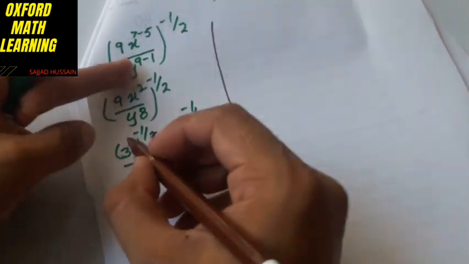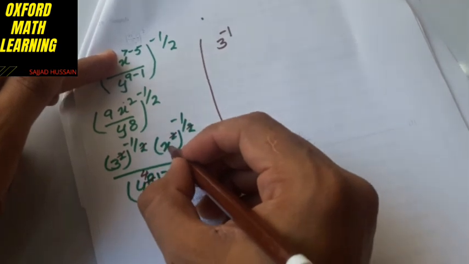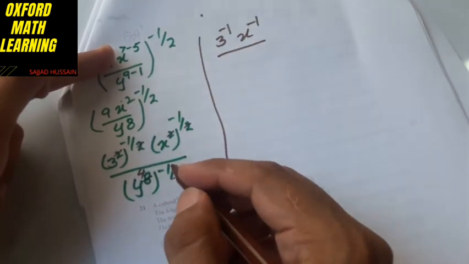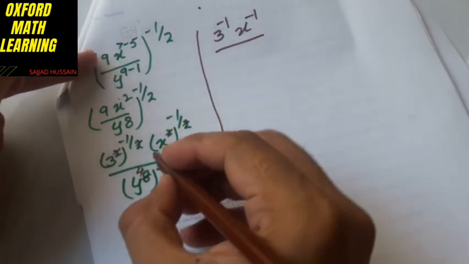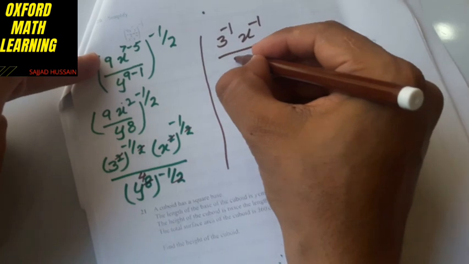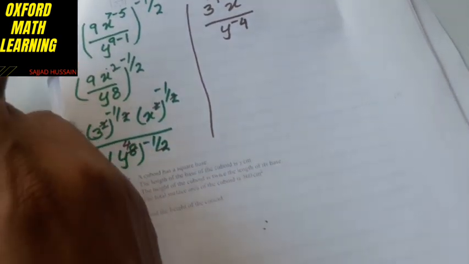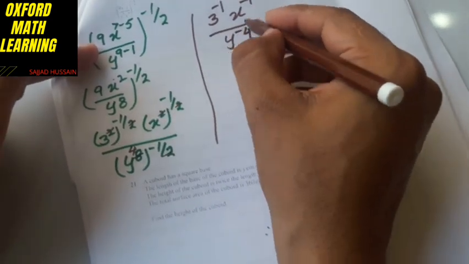So here will be 3 to the power negative 1, x to the power negative 1, and y is 4 into negative 1, negative 4. Y is negative 4. Now these powers are negative. If we flip them, they will become positive.